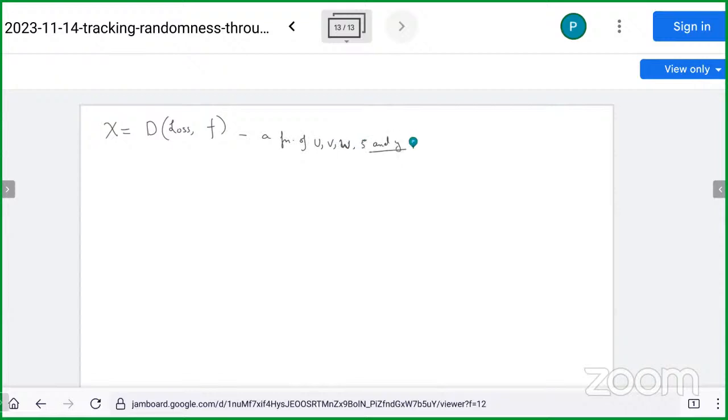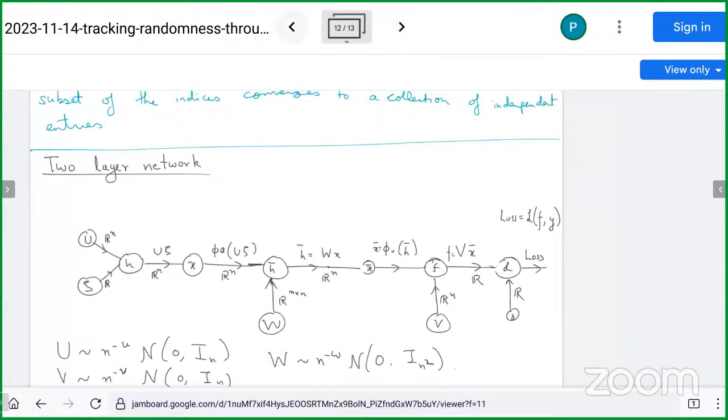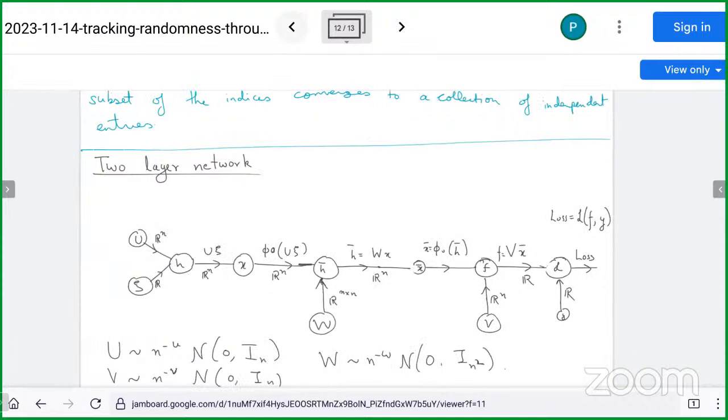Okay, and what we want to compute is the derivative of the loss with respect to V. We're doing exactly the same calculation as before.